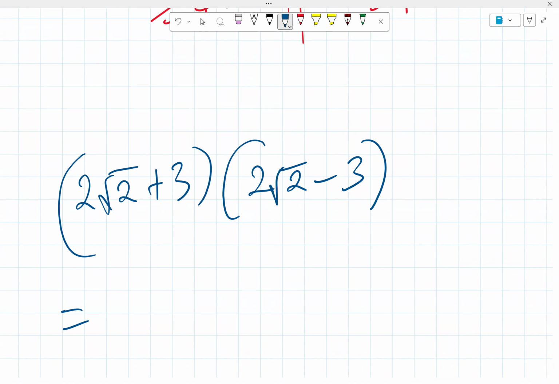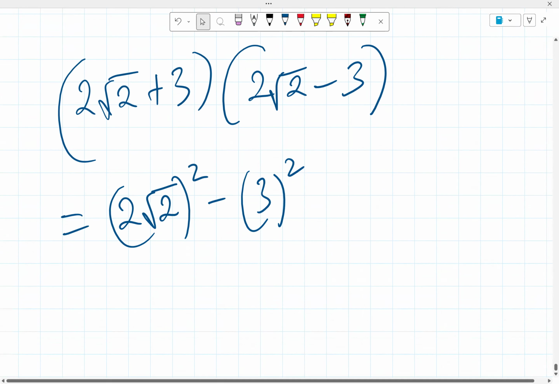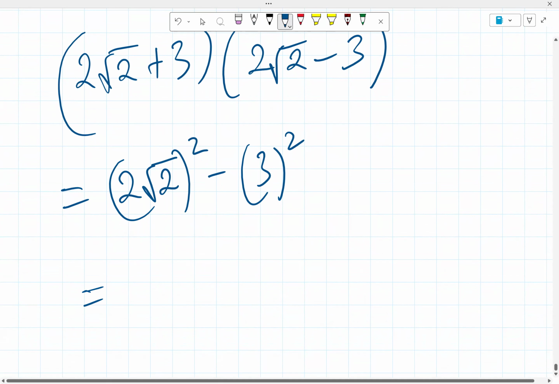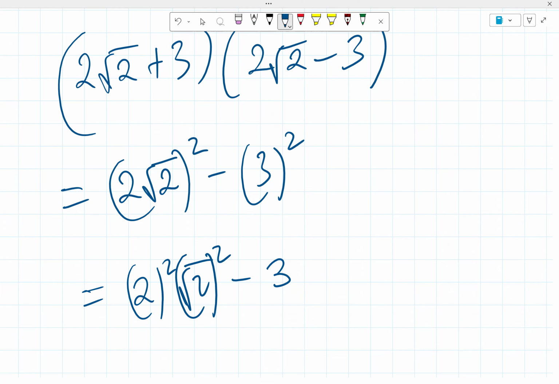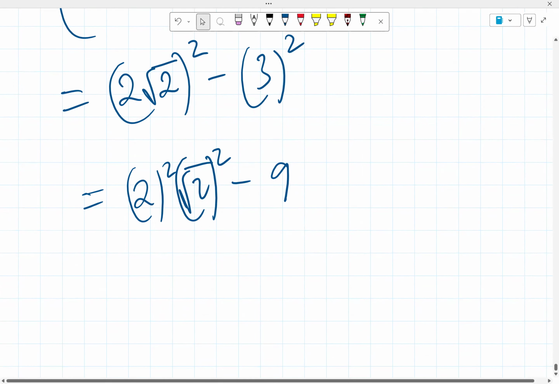So that means you have this equal to 2 root 2 all squared minus 3 all squared. Let me just do it methodically. That means you have 2 squared times root 2 squared minus 3 squared, which is 9.